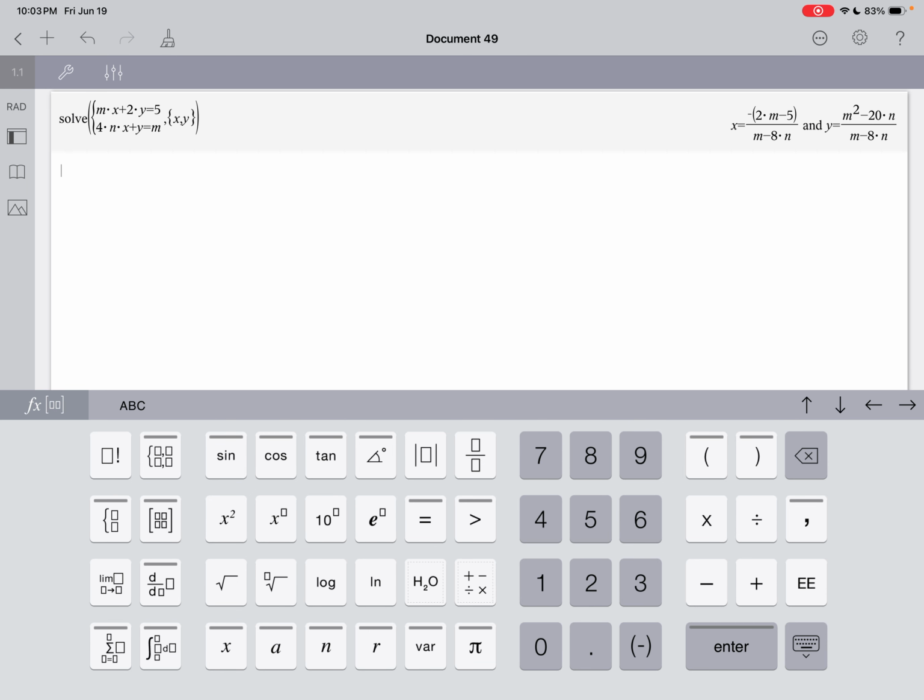Okay, so if you're going to have a unique solution, we only want to get one answer. So that has to have one answer. Here we can get multiple solutions depending on the value of m and n, but this has to have one solution.